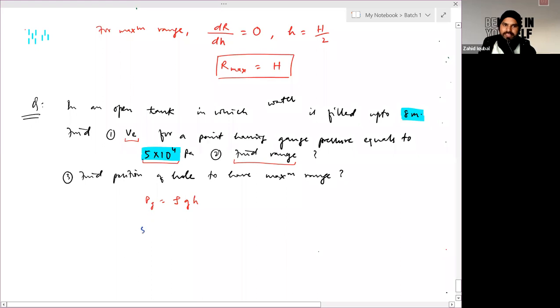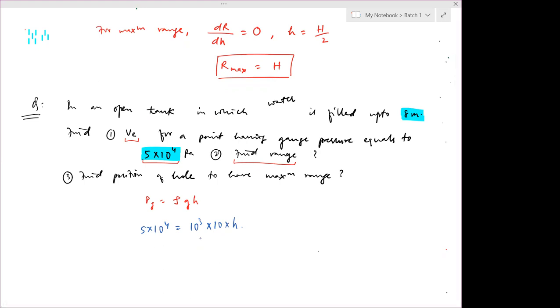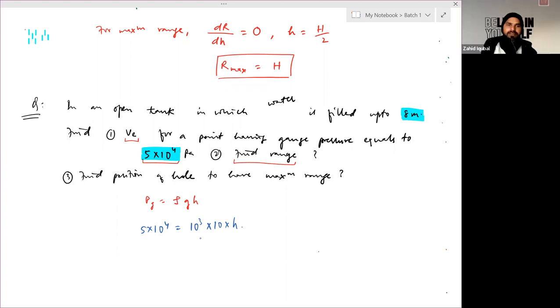We have gauge pressure as 5 into 10 to the power 4, density of water is 10 to the power 3 and gravity is 10. Just solve this. Okay, sir, I have miscalculated. Good, Salman.